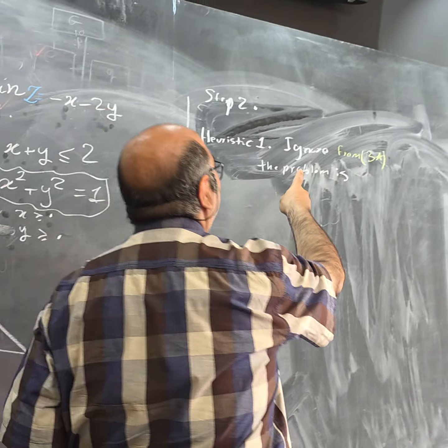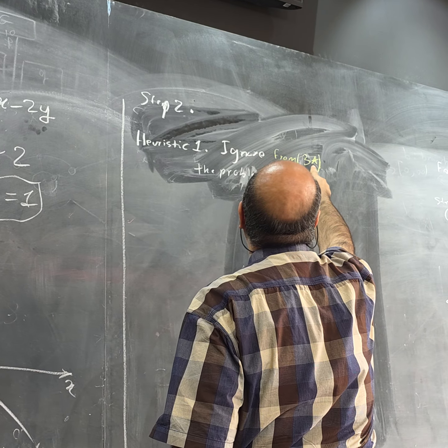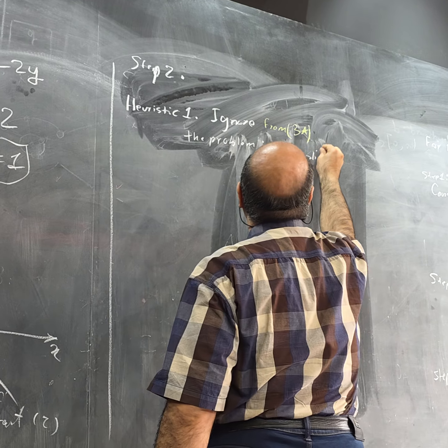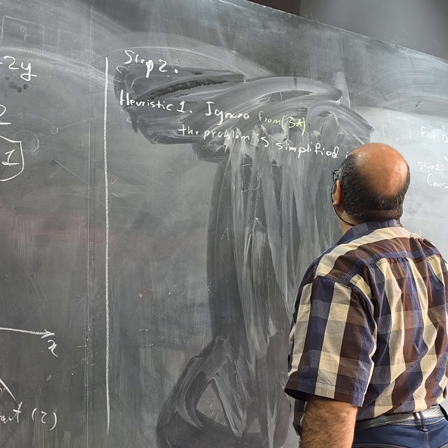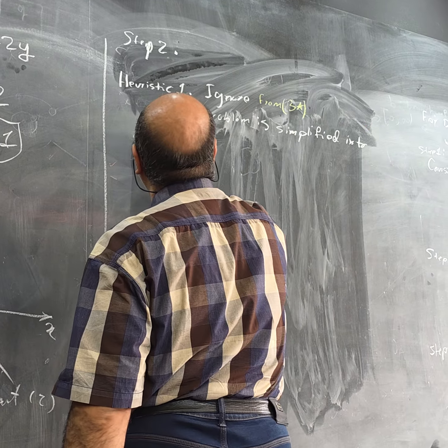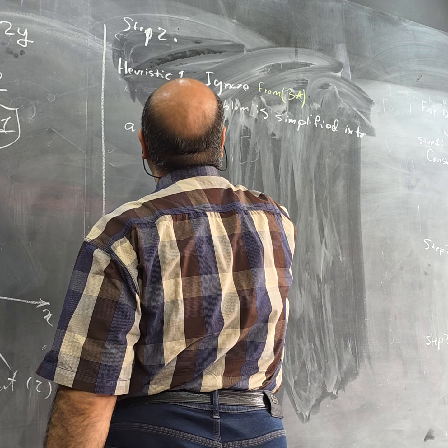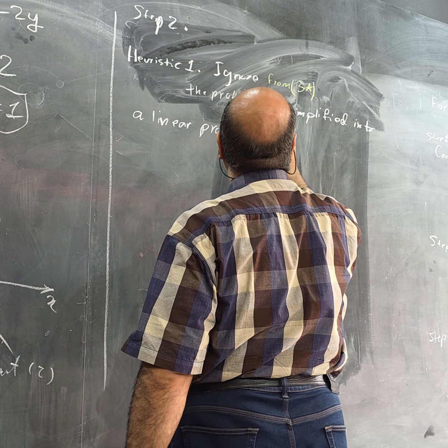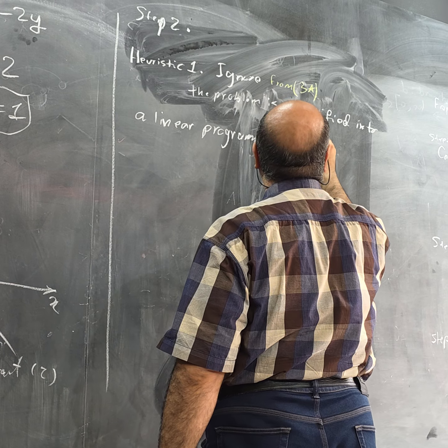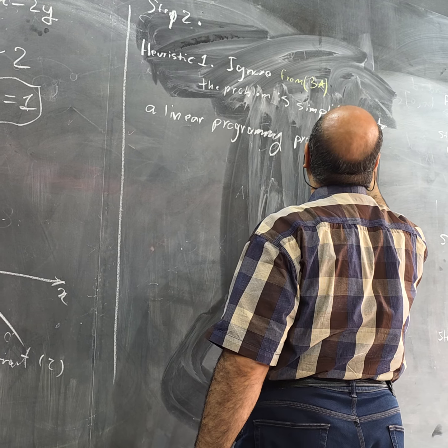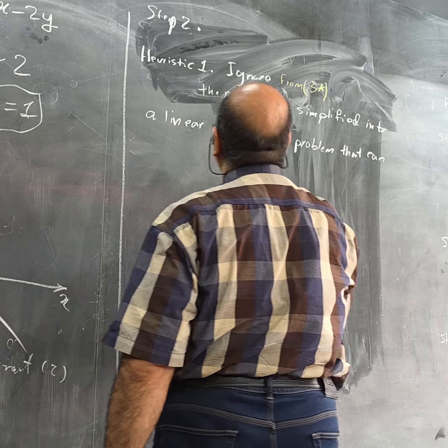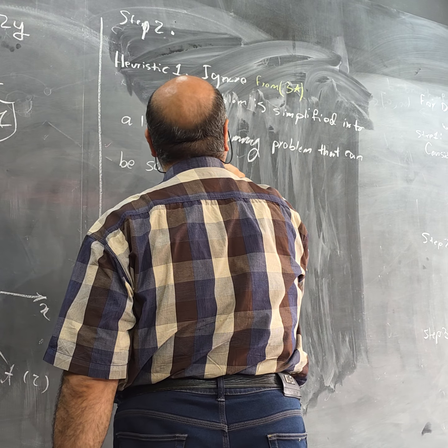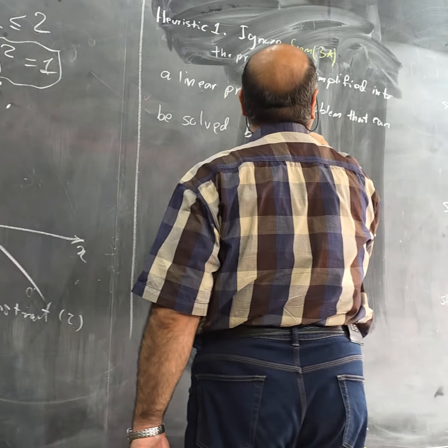By ignoring constraint 3 star, the problem is simplified into a linear programming problem that can be solved by a simple example.